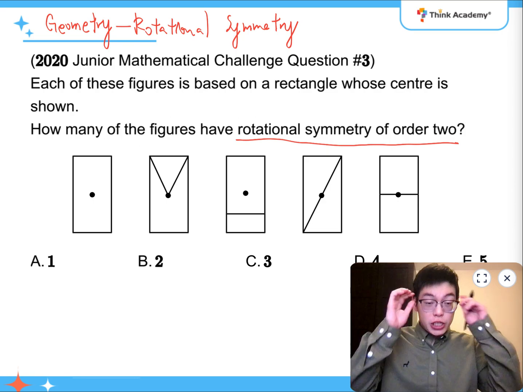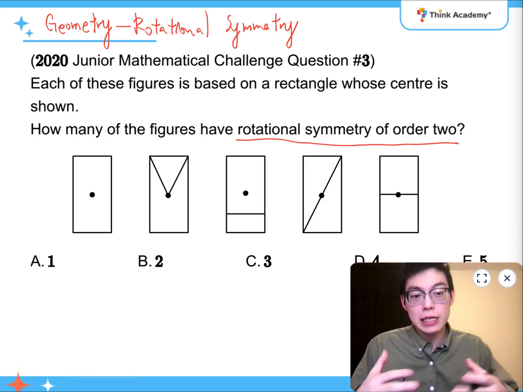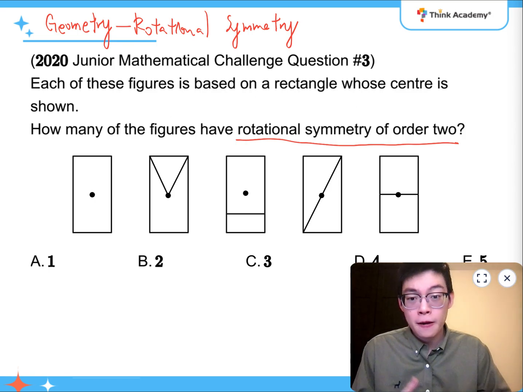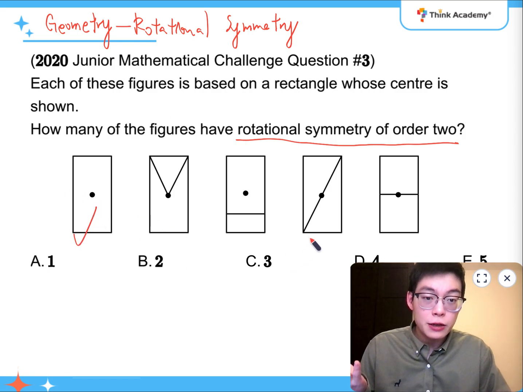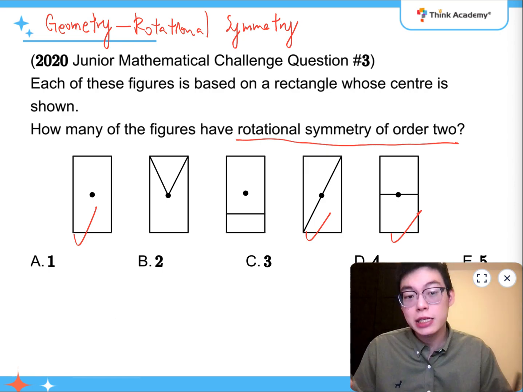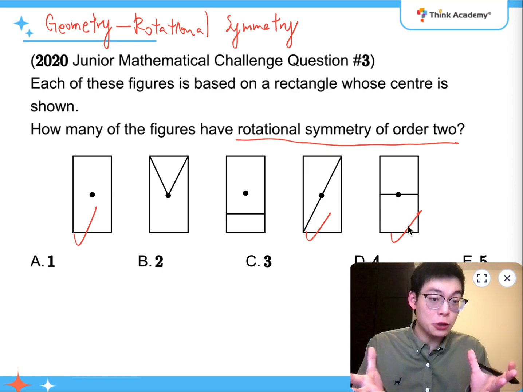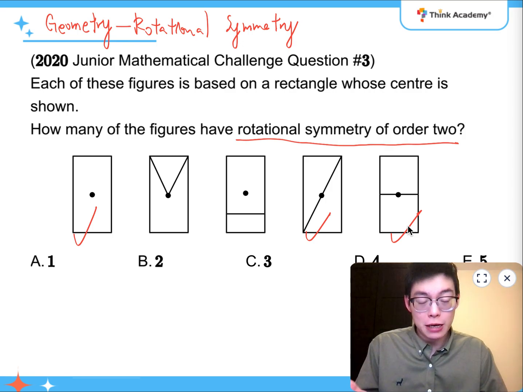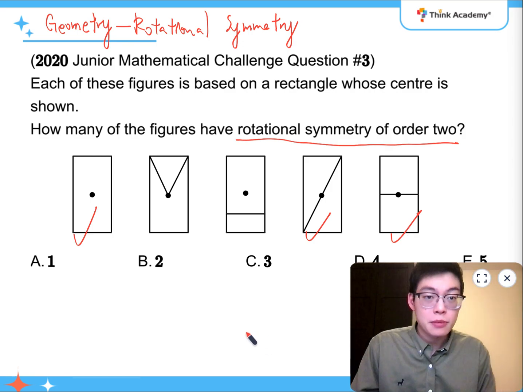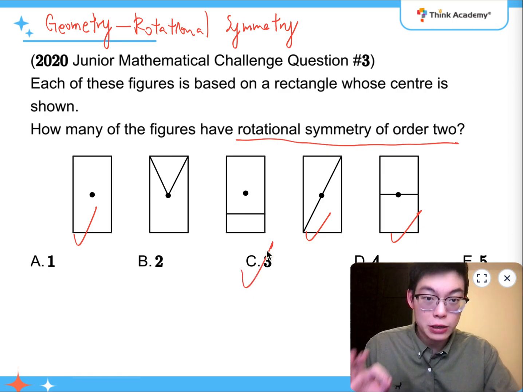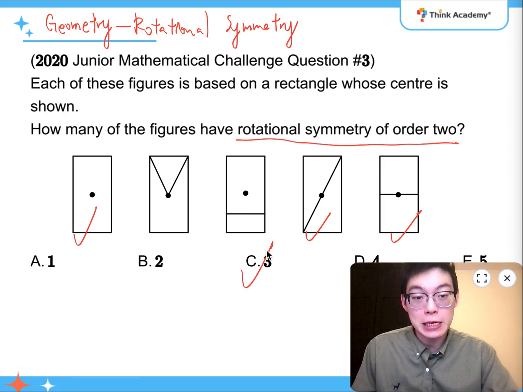And whatever shape that looks the same when it is upright, that's going to be having a rotational symmetry of order 2. And we can see that the first one, the fourth one, and the fifth one, these are the 3 that's going to look the same when you turn your head or the paper upside down, like 180 degrees. So that's just going to be question 3. Yeah, the answer is C for 3, okay?